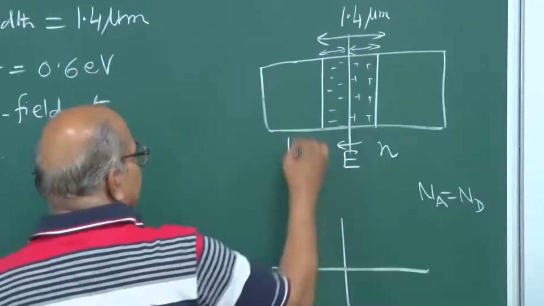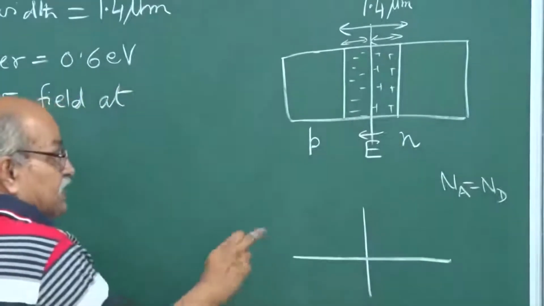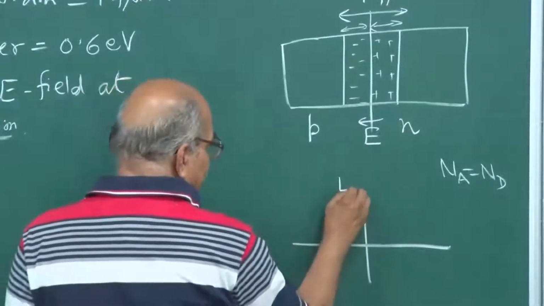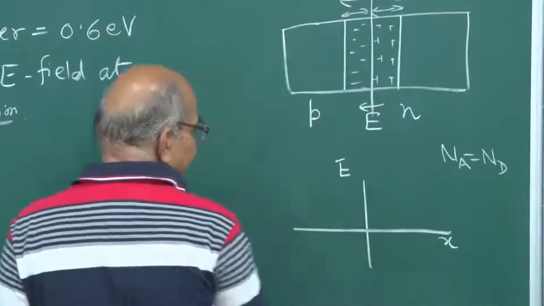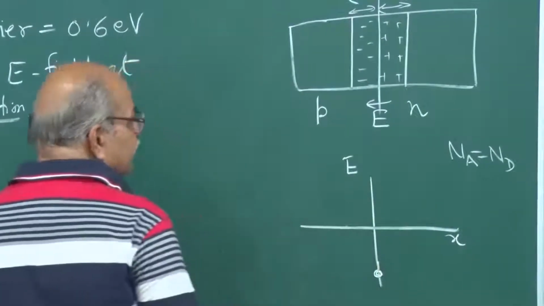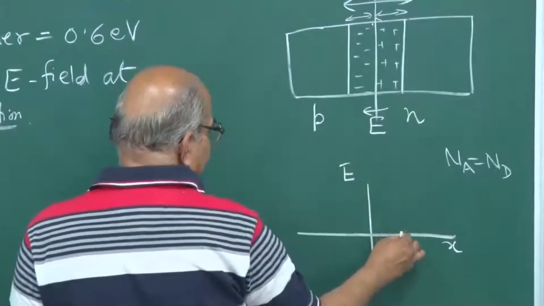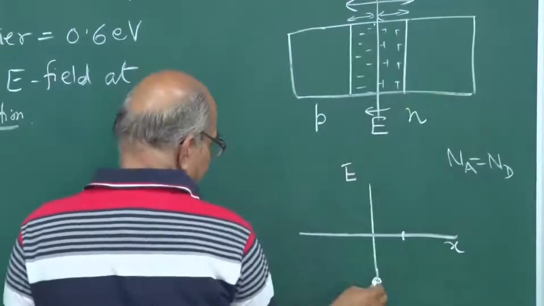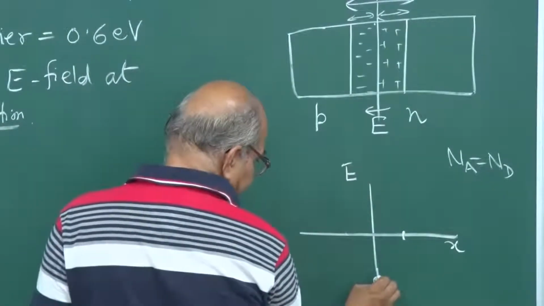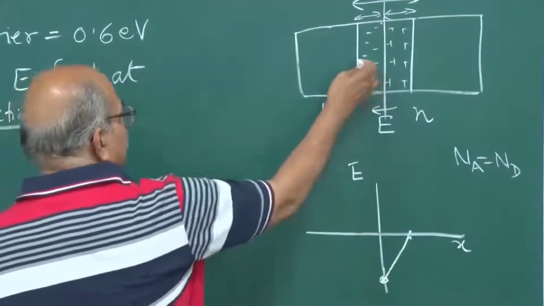This is the direction of electric field, positive side to negative side, and therefore it will be negative in the usual diagram. So if E is here, x is here, then you have electric field somewhere here, and when the depletion layer ends, the electric field becomes 0. The electric field is 0 here, and it is linear. Same story on the other side.